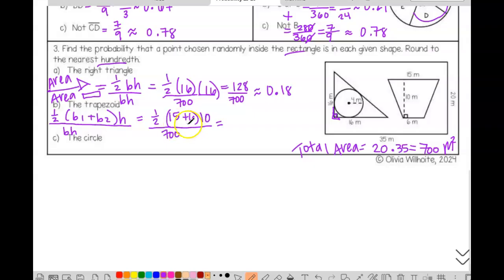15 plus 6 is 21. 1/2 times 21 times 10. Half of 10 is 5. 21 times 5 is 105.